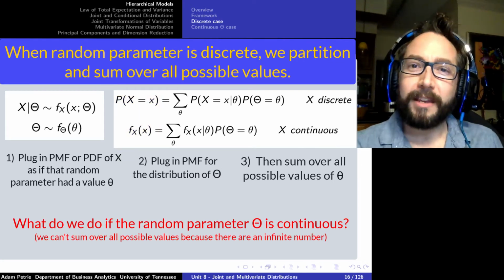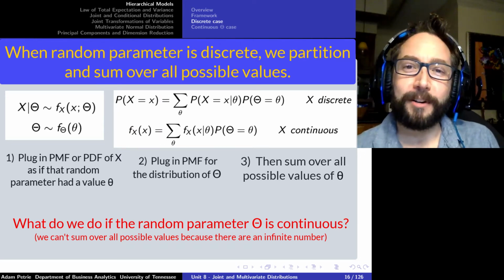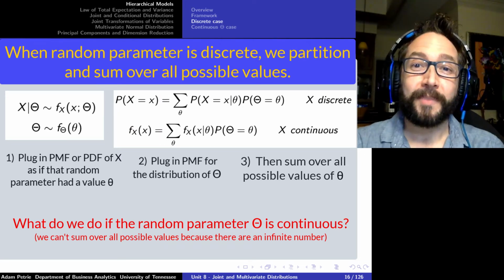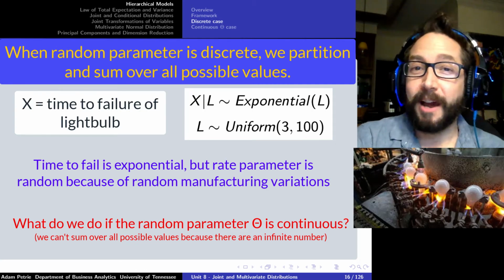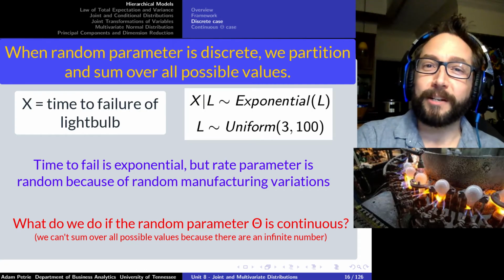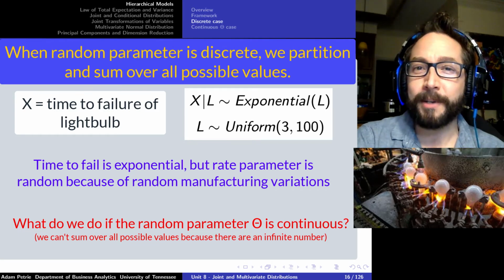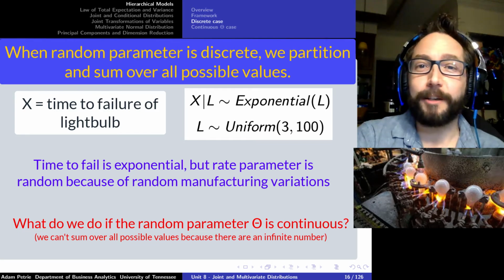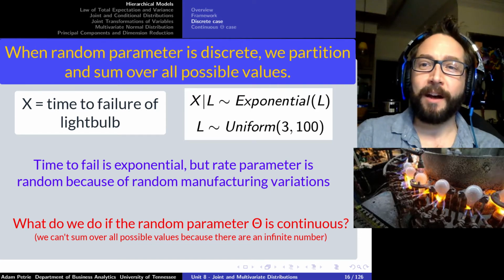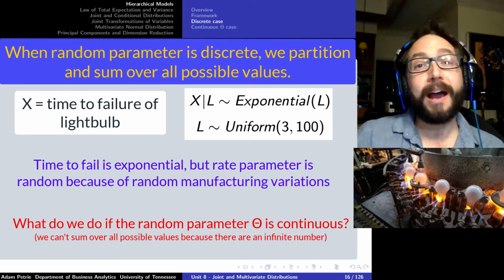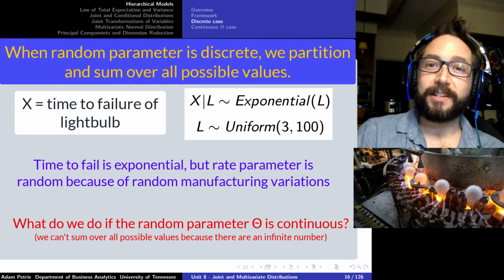But what if the possible values of that parameter are actually continuous? What if, with the manufacturing process making those light bulbs, we have a time to failure that's well described by an exponential distribution with a parameter lambda, but maybe lambda is any value between 3 and 100? How do we take into account when the distribution describing our random parameter is continuous?